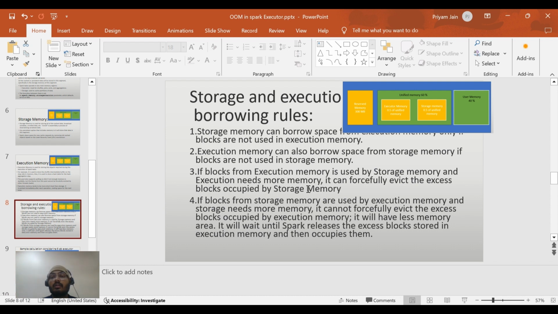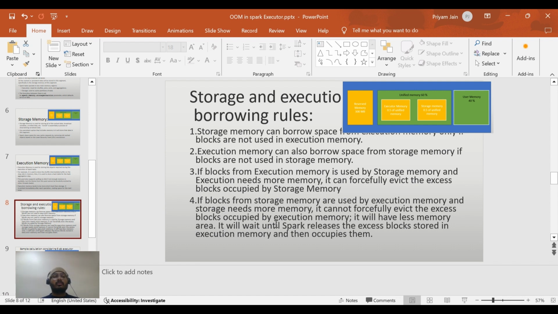Only then can the data we are caching come into the storage memory. Until the task or the execution is completed, storage memory cannot evict the occupied execution memory, right? So this is a very sweet and simple answer.